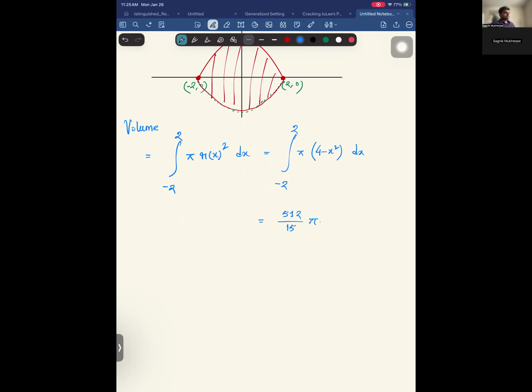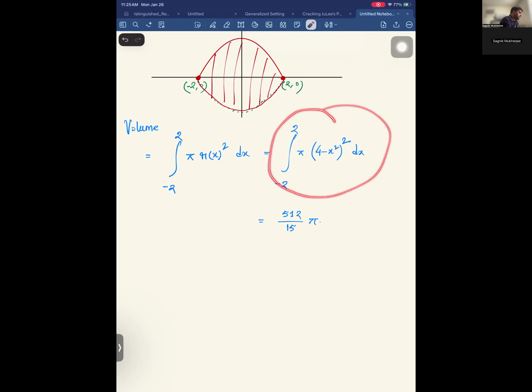Any question? Oh, sorry, this should be... Just make sure that you know how to calculate this integral. You have to expand this.